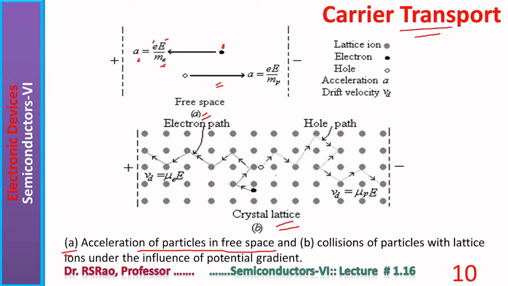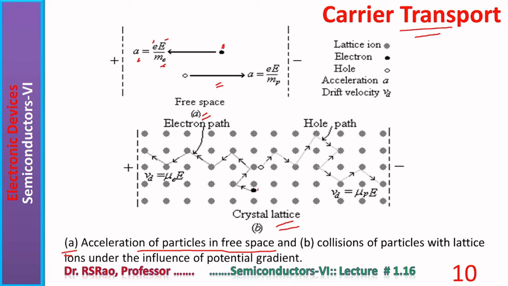When an electron or hole is in a crystal lattice and moving, it encounters collisions with atoms of the crystal lattice and also with other charged particles, electrons and holes. As a result of these collisions, the path of the electron or hole becomes quite random.